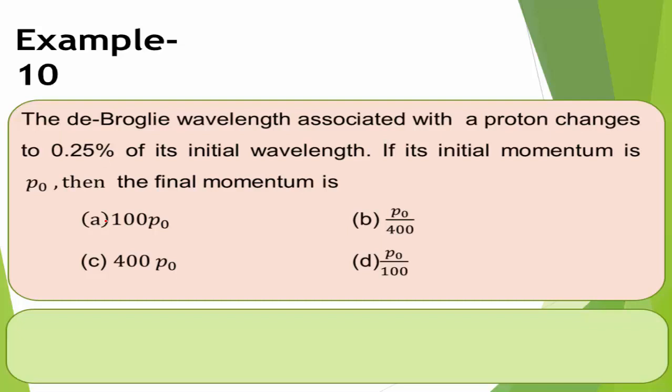The de Broglie wavelength is given by lambda is equal to h divided by p. This is equation number 1, where p is the initial momentum of the particle.